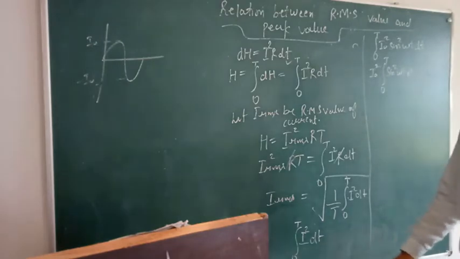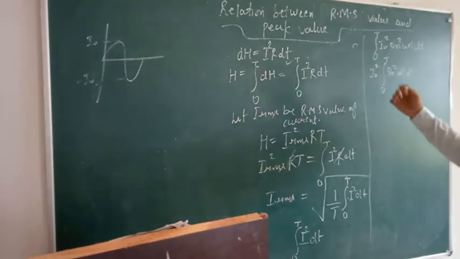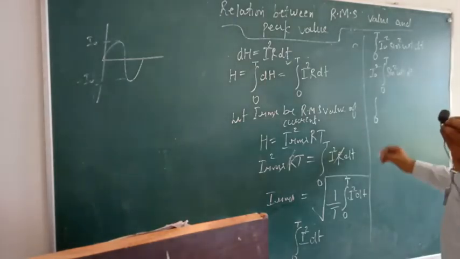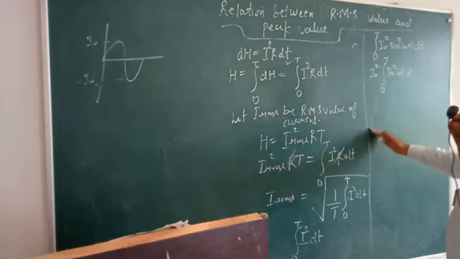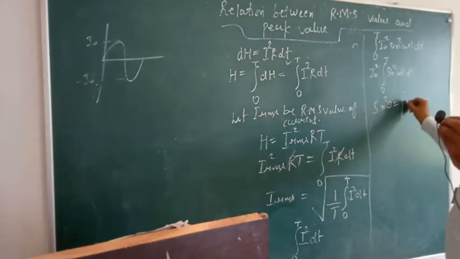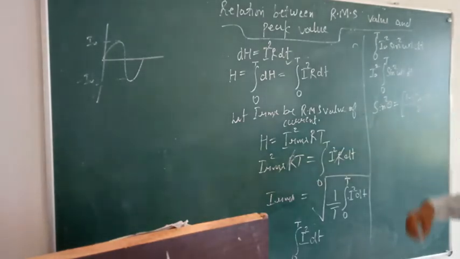Those who are maths students are already familiar with the definite integral of sine square theta. But those who are bio students should remember one formula which I am going to explain. If we have to integrate sine square theta, we write it as 1 minus cos 2 theta divided by 2.